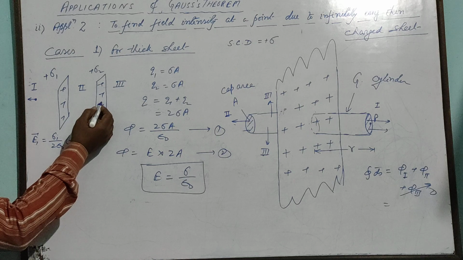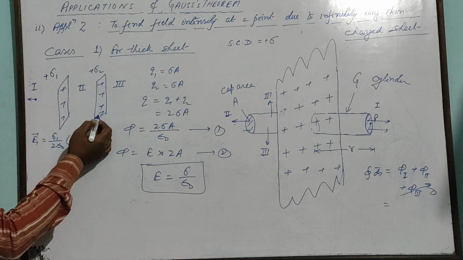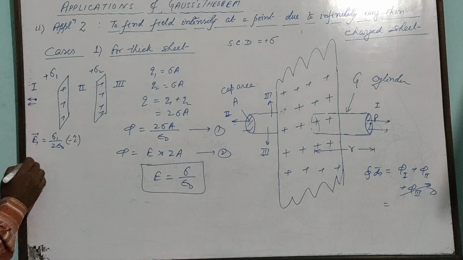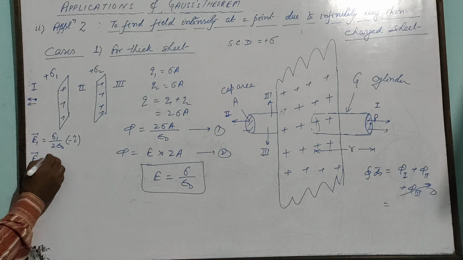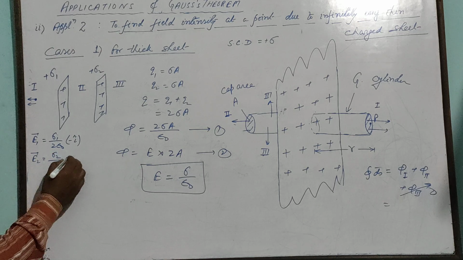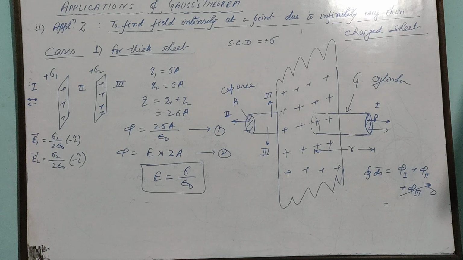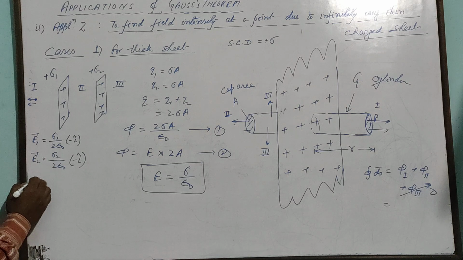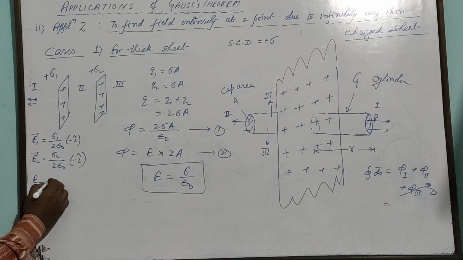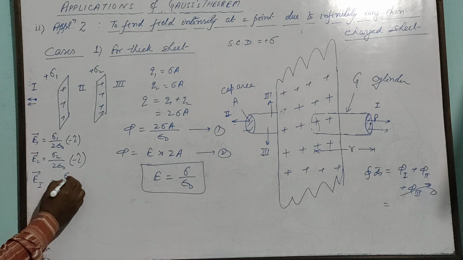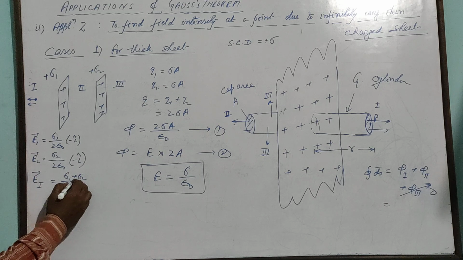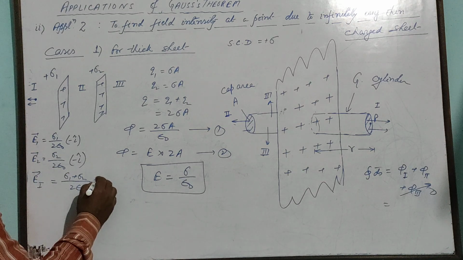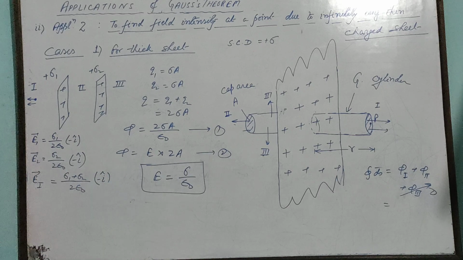Similarly for this particular sheet here, this is also positive, so the direction will be the same, but the magnitude will be different. Now they have the same direction, so net field intensity in zone 1 will be sigma 1 plus sigma 2 by 2 epsilon naught, and the direction will be minus i cap still.